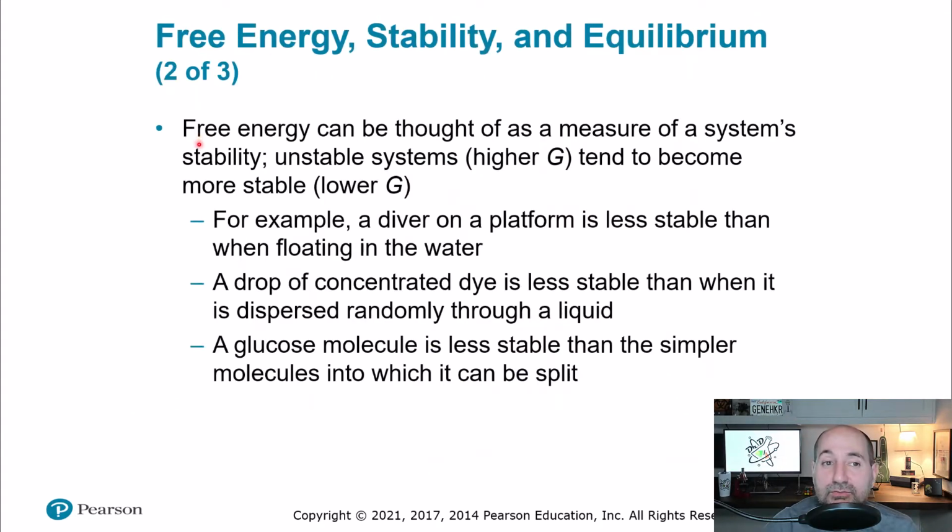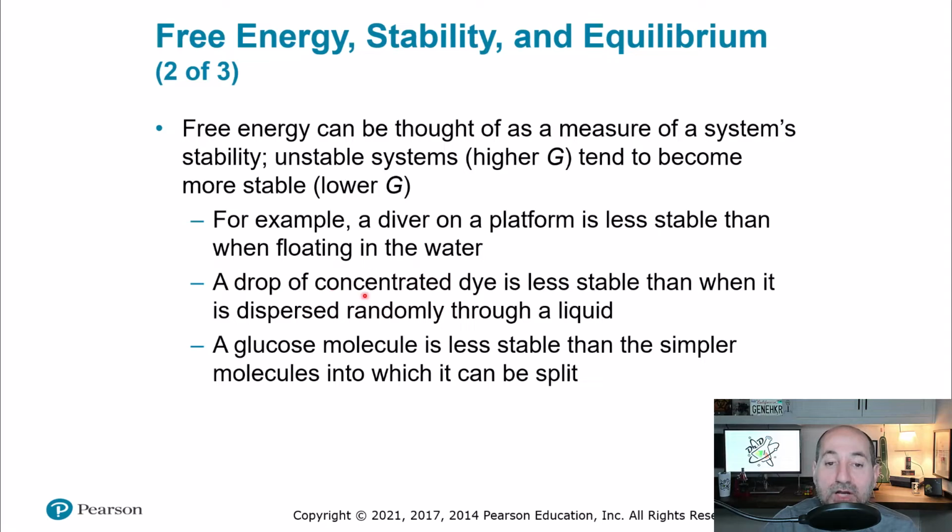So again, with free energy, you can think of it as a measure of a system's stability. Unstable systems have a higher G. They then tend to become more stable with a lower G. Remember, this is a negative delta G. That's a spontaneous reaction. For example, remember, the diver on the platform is less stable than when floating in the water.